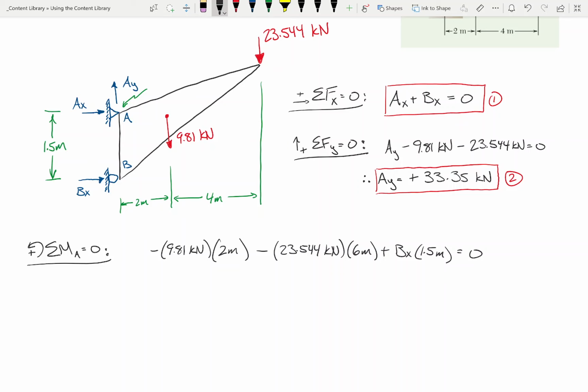So 9.81 times 2, that's negative 19.62 kilonewton meters, minus this times 6, it's 141.264, plus 1.5 Bx. And then we'll collect all the constant values over onto this side.